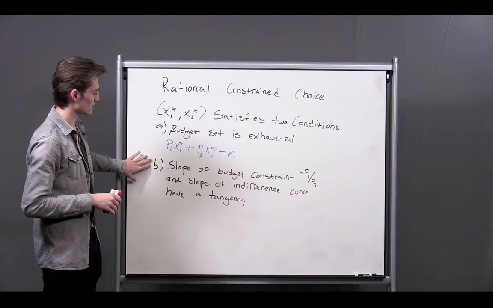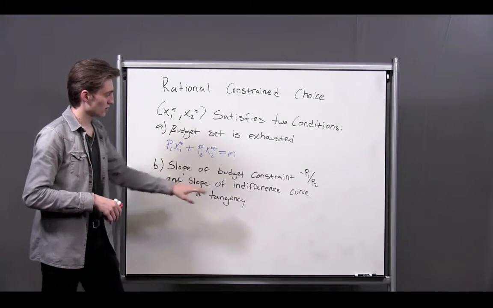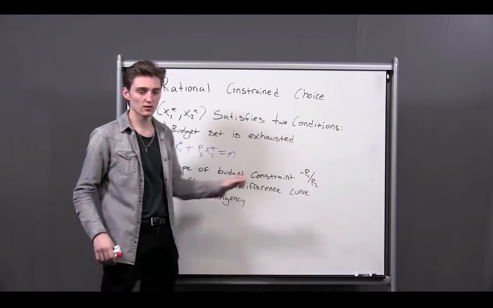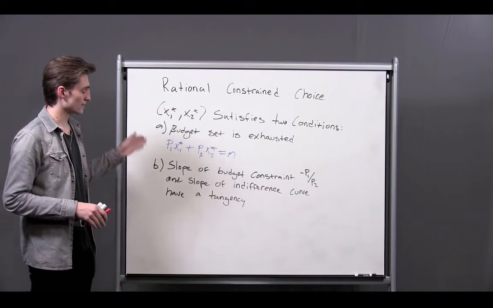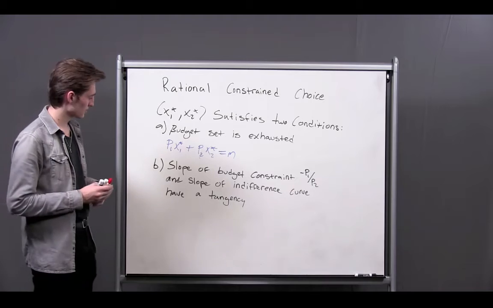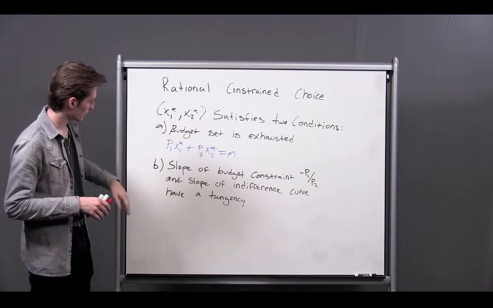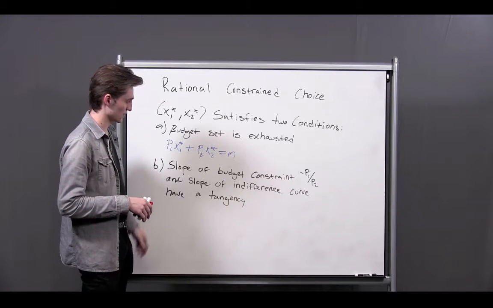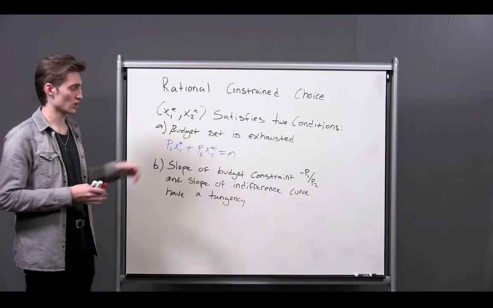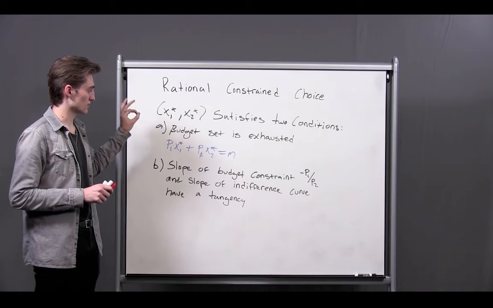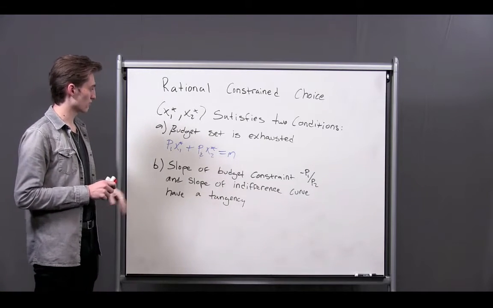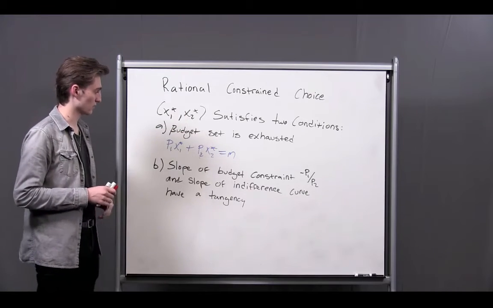And then B states that the slope of the budget constraint, which is a negative price ratio, so a negative P1 over P2, that's how the slope of the budget set works. It's a negative slope down, and the slope of the indifference curve have a tangency. In my previous graph, I showed that there's a single point at which both X1 star and X2 star connect with the budget set.